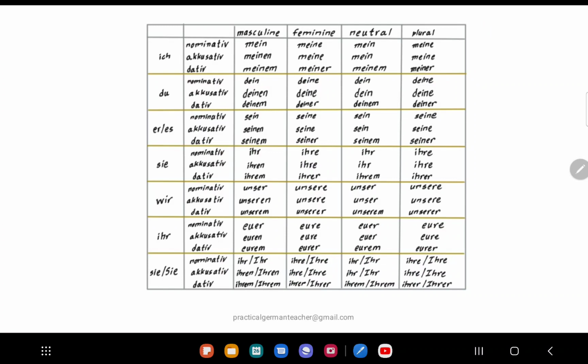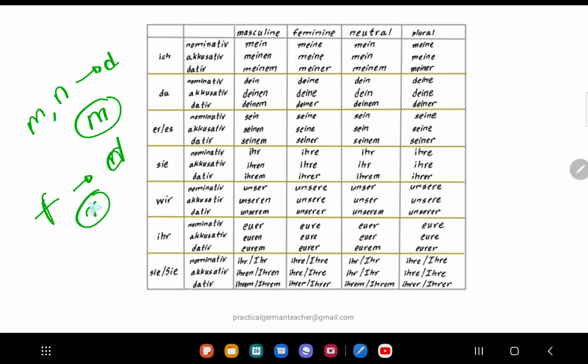Let's look at what happens in dative. If you remember, masculine and neutrum will start sounding like m at the end. Masculine, neutrum in dative. Feminine in dative will start sounding like r at the end, right?